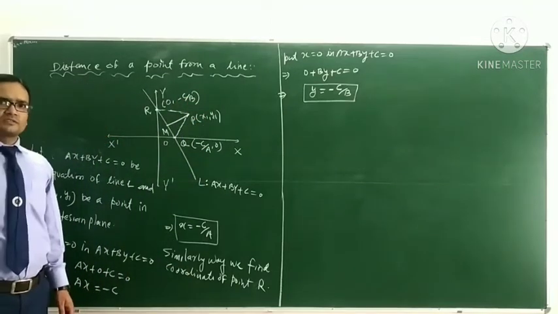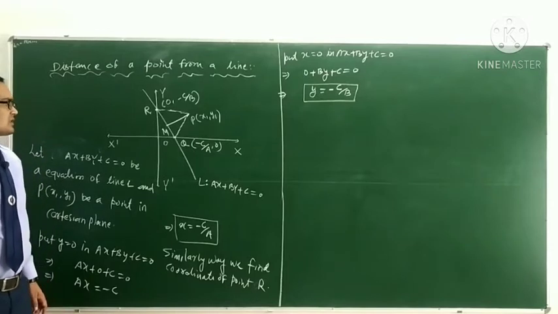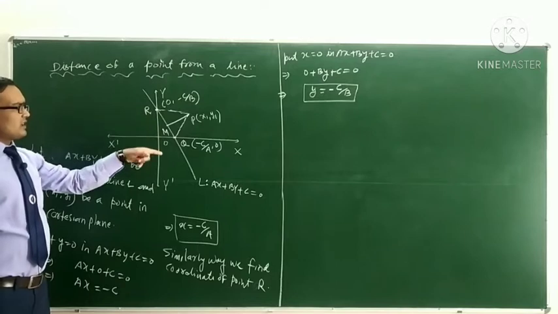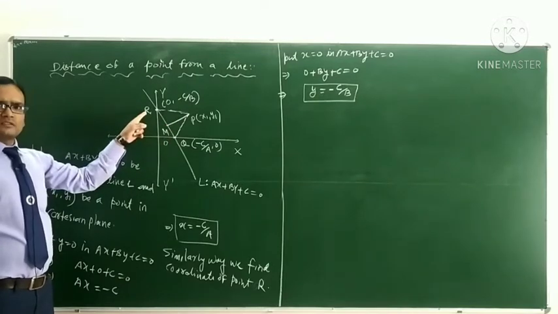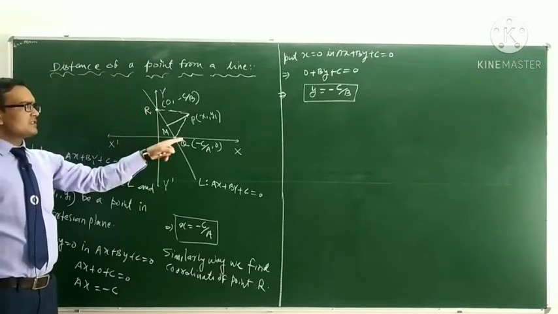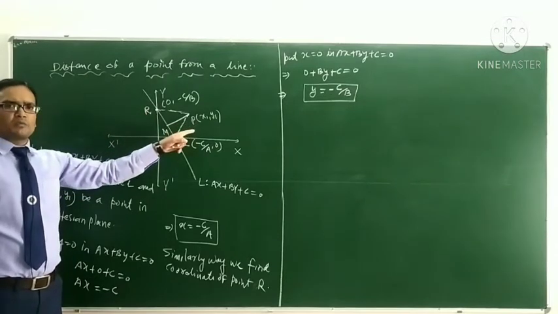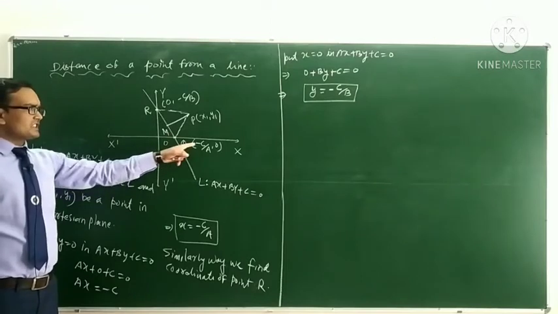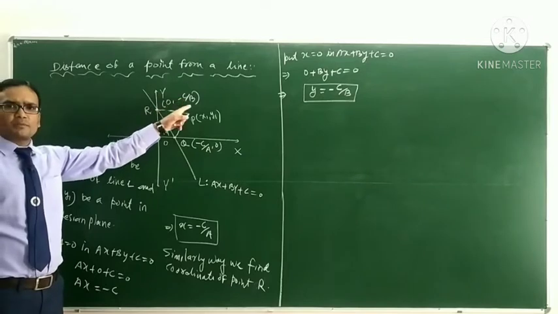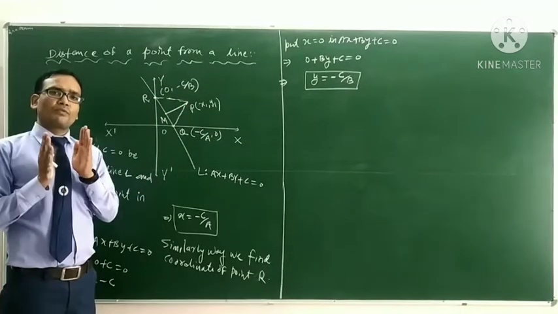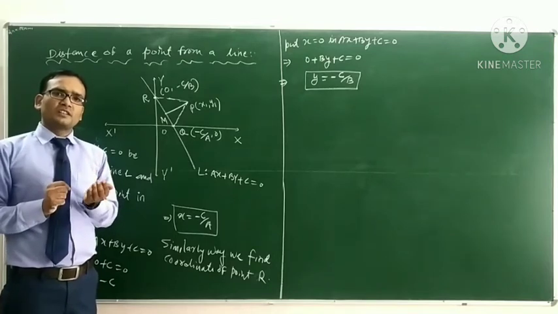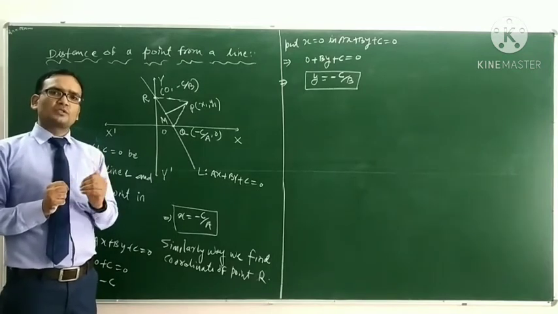Okay, students. Take the triangle PQR. The coordinates of the vertices are P(x1, y1), Q(minus c by a, 0) and R(0, minus c by b). We find the area of triangle PQR by using one by two base into height.